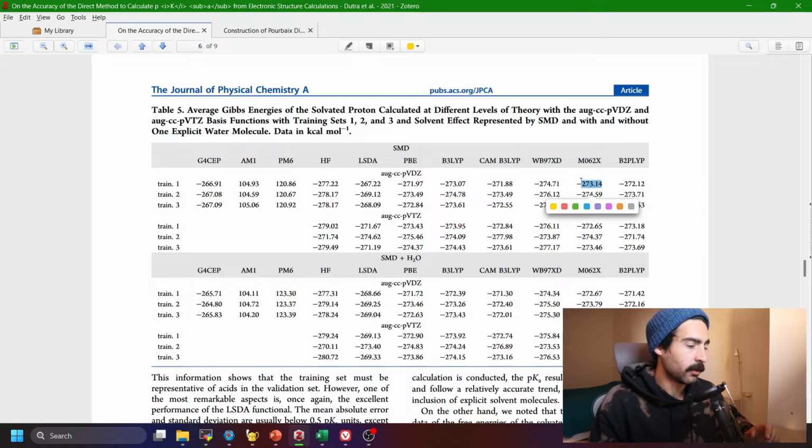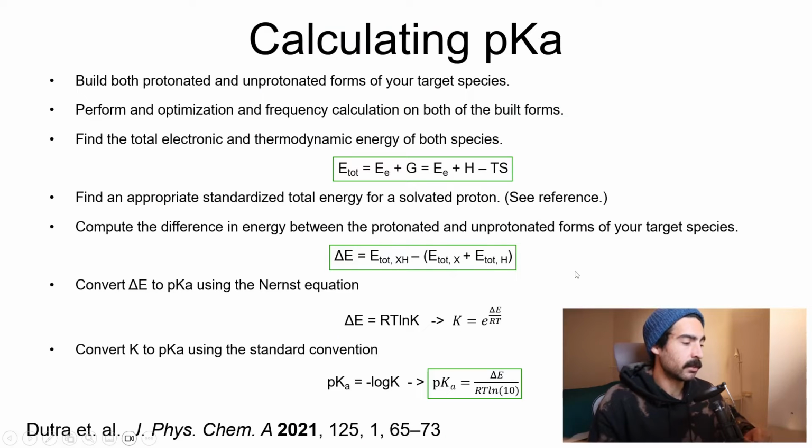So we'll use this value to calculate our delta E values. To calculate delta E, we'll use this equation, where the total energy of the protonated form of your species will be used, and you'll subtract the total energy of the unprotonated form and the energy of the solvated proton.